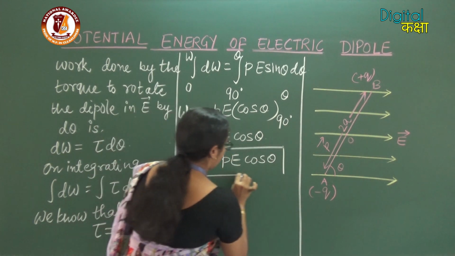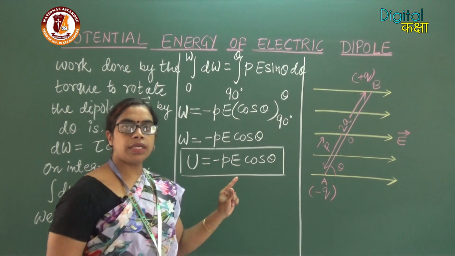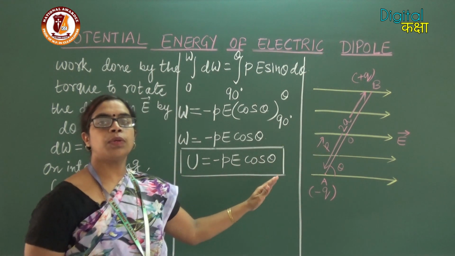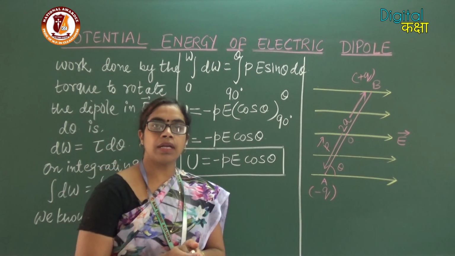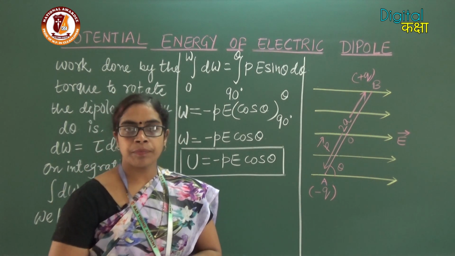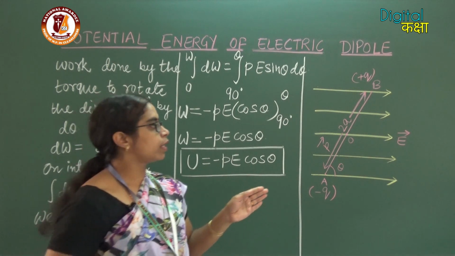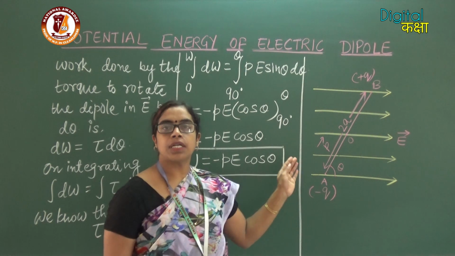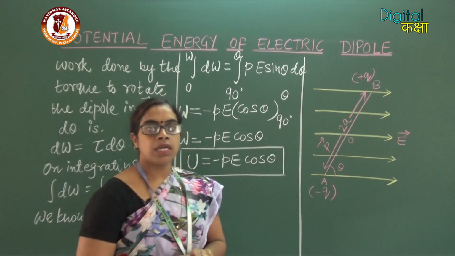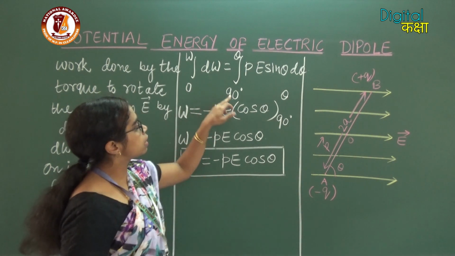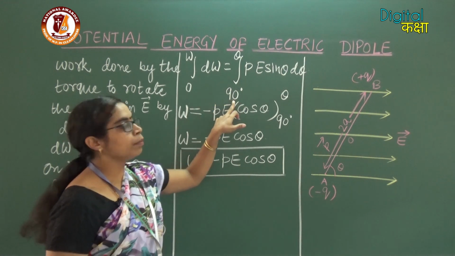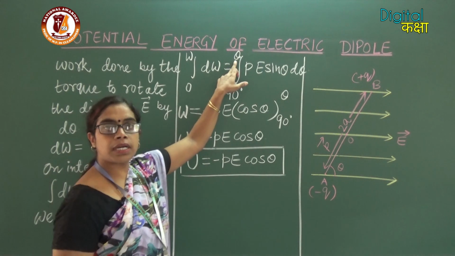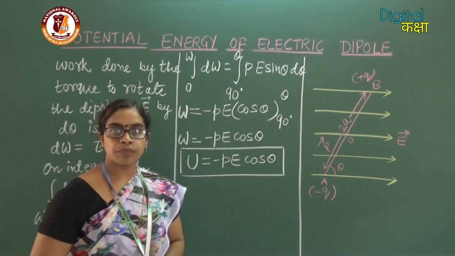Now when initially this electric dipole is kept at any particular angle, let us take that angle to be theta 1, and from that angle theta 1 the dipole is to be rotated to the angle theta 2. In that case the lower limit can be taken as theta 1 and the upper limit as theta 2.